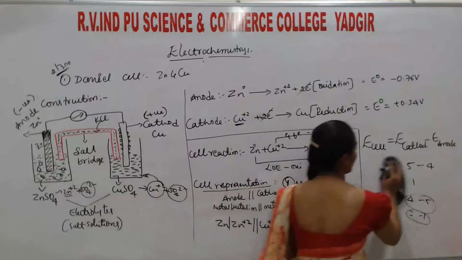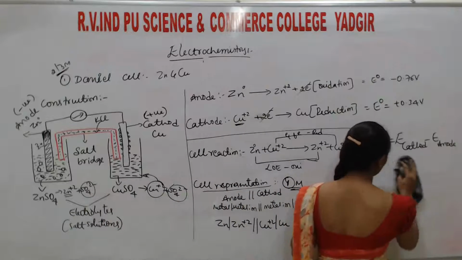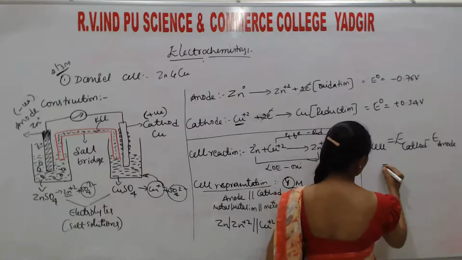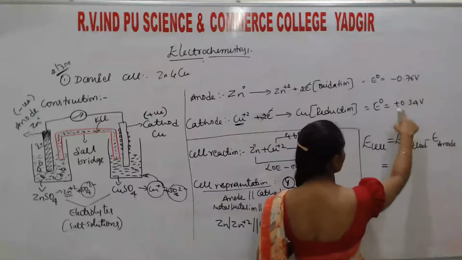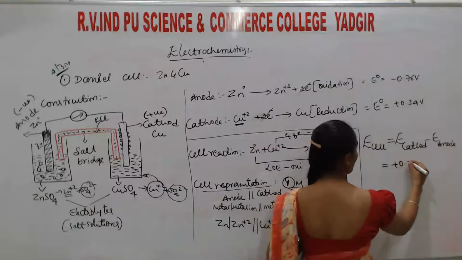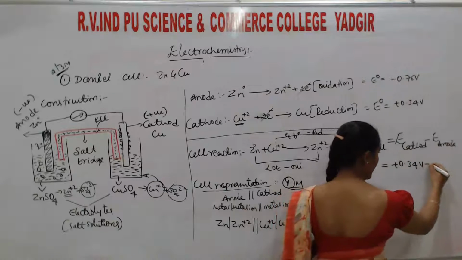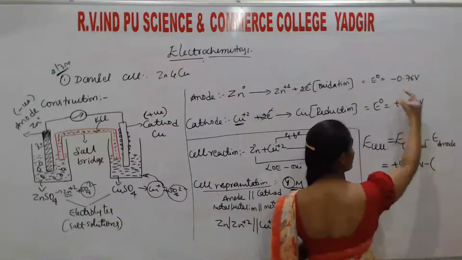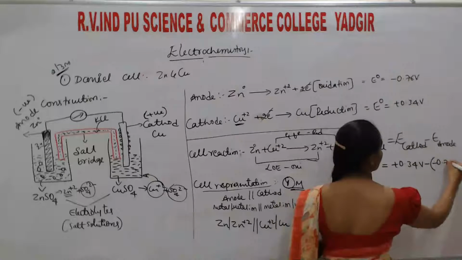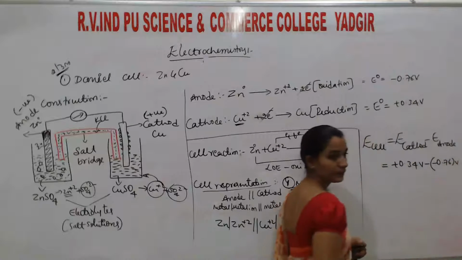So listen, how to calculate E cell here? E cathode is plus 0.34 volt, minus E anode, which is minus 0.76 volt.